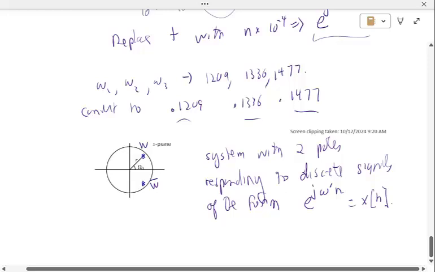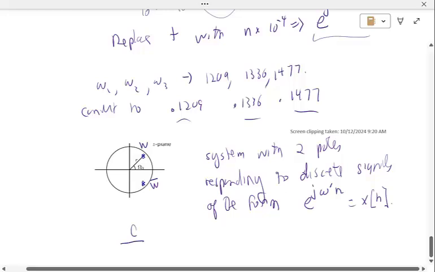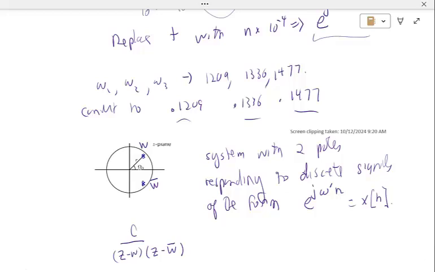So we could write this second order system as some constant divided by z minus w and z minus w bar. My w and my omega are kind of similar, but I hope you can see the difference there.